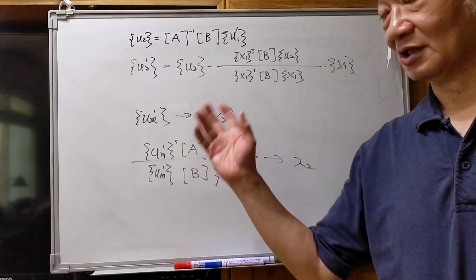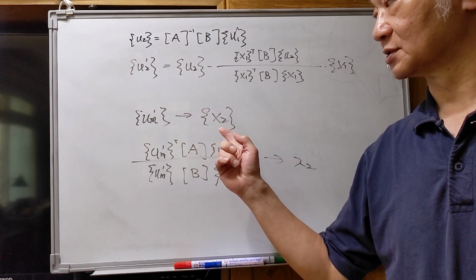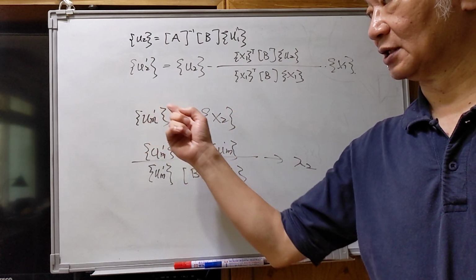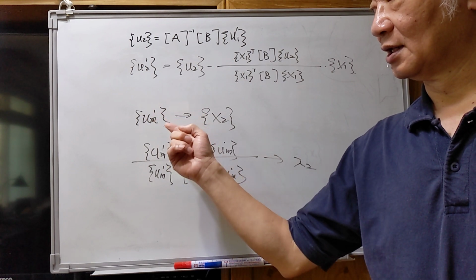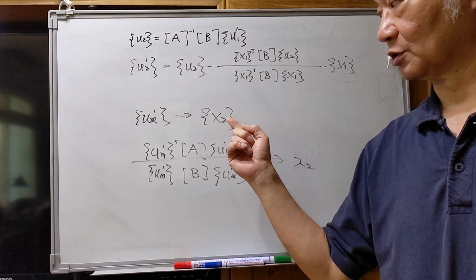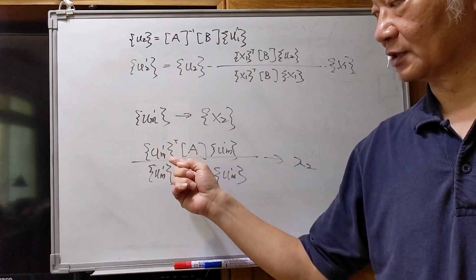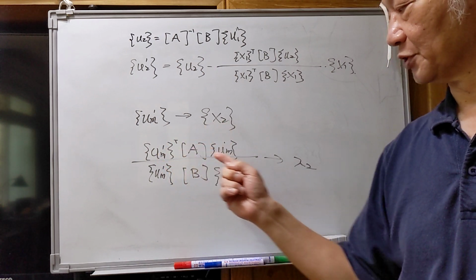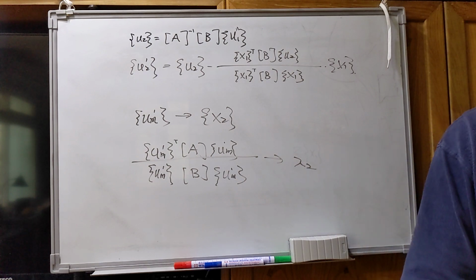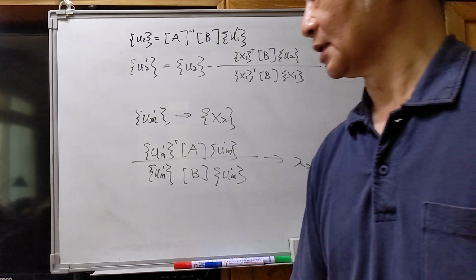Then you can stop the iterations, and the converged vector will approach x2, and the Rayleigh quotient will approach lambda 2.